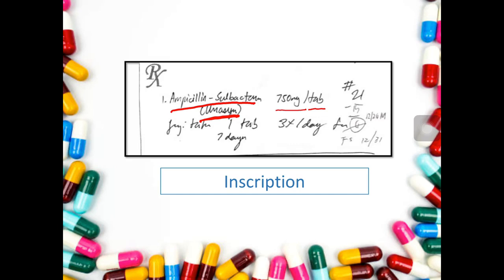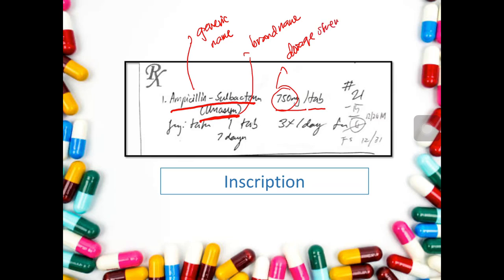So, to have a complete inscription, the ideal things that should be seen in this prescription are generic name, brand name, dosage strength, and dosage form.